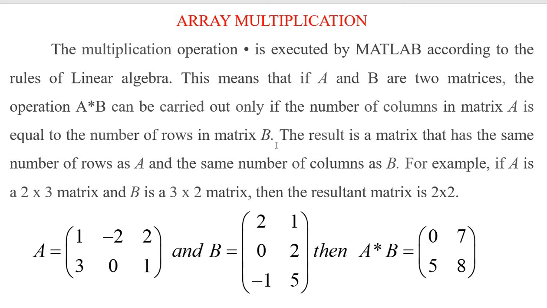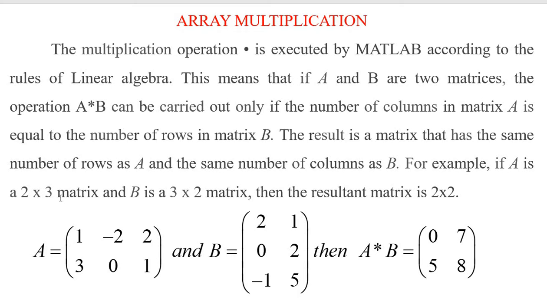Like that, in array multiplication we also check that the number of columns in A equals the number of rows in B. The result is a matrix that has the same number of rows as A and the same number of columns as B.